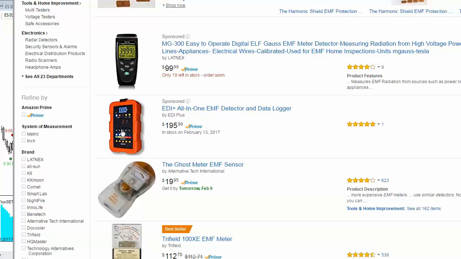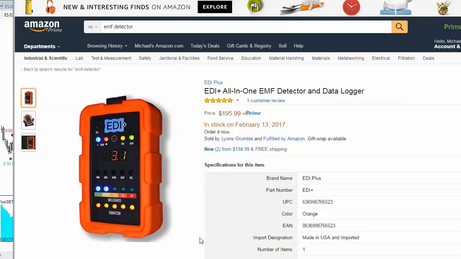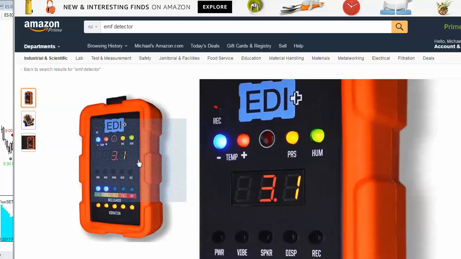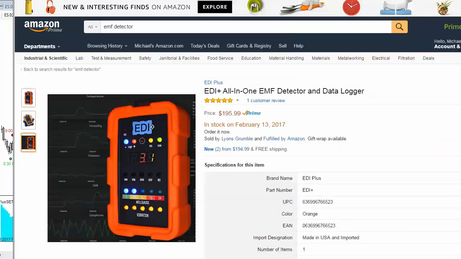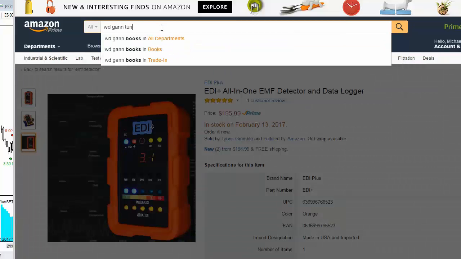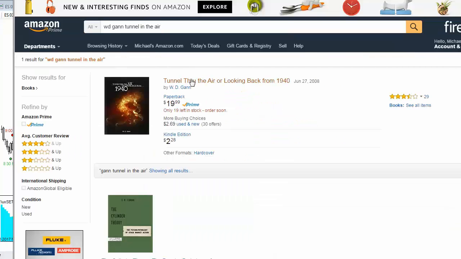And so I determined that we were going to buy one of these sensors, and we were going to crawl up to the top of the Chicago towers surrounding the exchange, and we were going to track the electric field and the magnetic field in real time. Now, you think that's crazy. There's a wonderful book by WD Gann, Tunnel Through the Air.